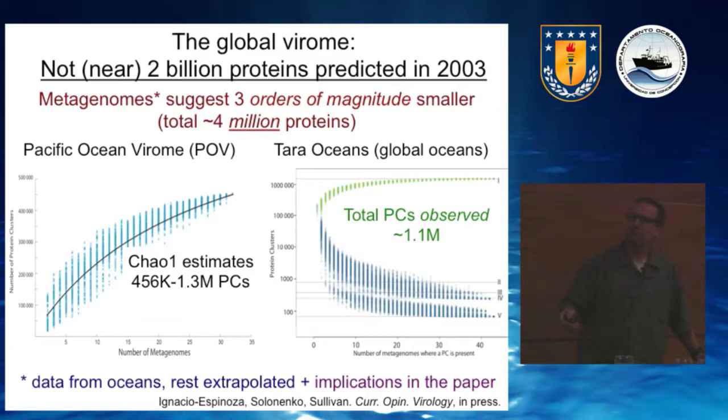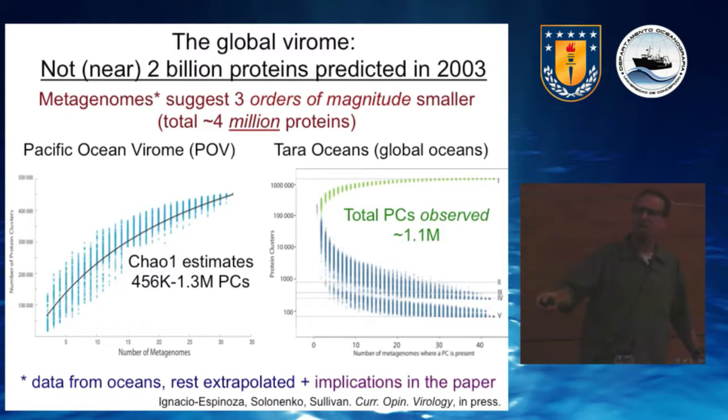These are the data. So we've got 32 Pacific Ocean viral metagenomes. That's part of a data set called the Pacific Ocean Virome. If you do these collector curves that we've seen a couple times, the rarefaction curves, it just shows that we actually saw 456,000 protein clusters, and Chao estimates there could be something between 456,000 and 1.3 million protein clusters.